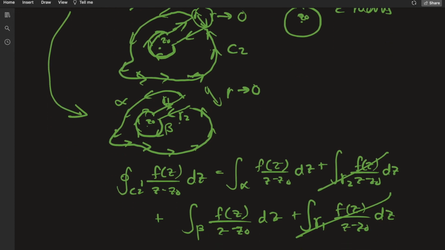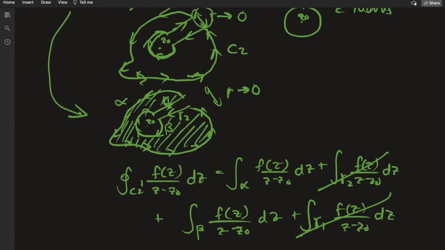But now notice, okay, let me just shade this region. In this shaded region, you're excluding z naught, because z naught is outside this weird boundary, including the circle, which is the new boundary.